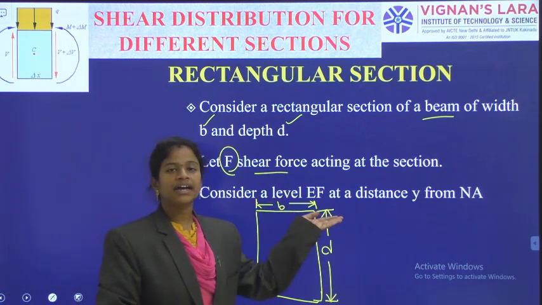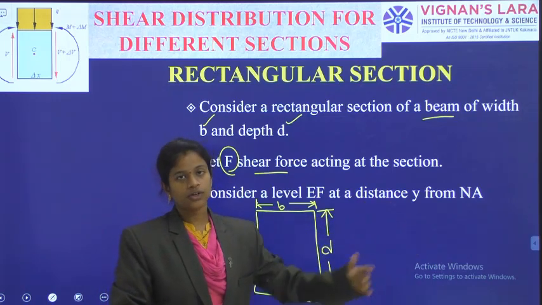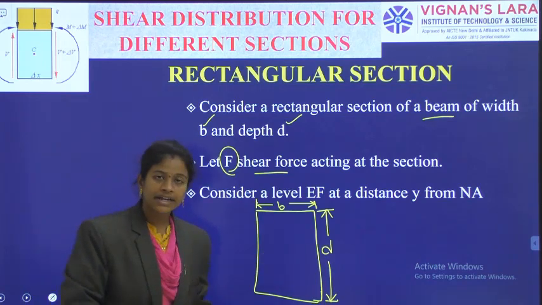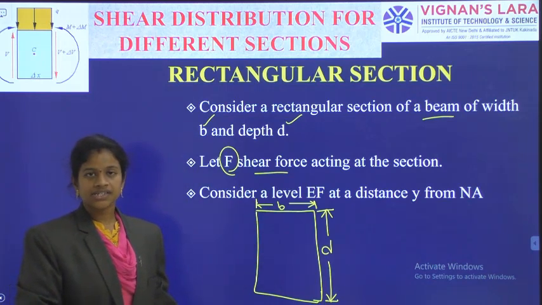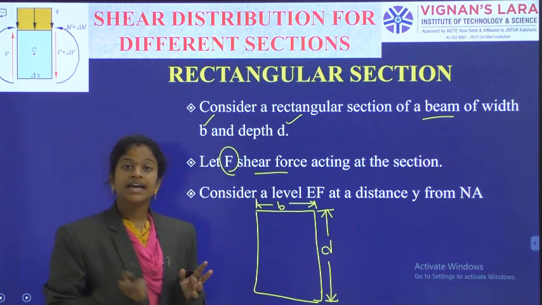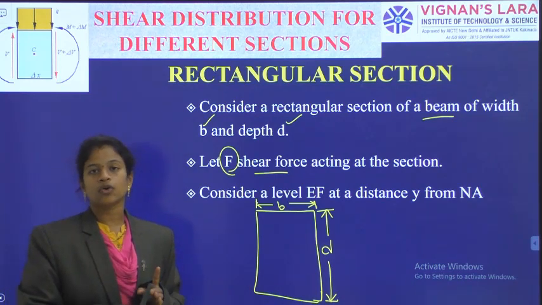Firstly, before giving the indication of EF, I should indicate the neutral axis. So the neutral axis is at the centroidal axis of the section. As it is symmetrical, the neutral axis, centroidal axis and geometrical center coincide.